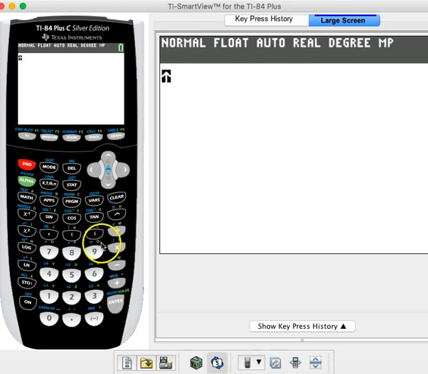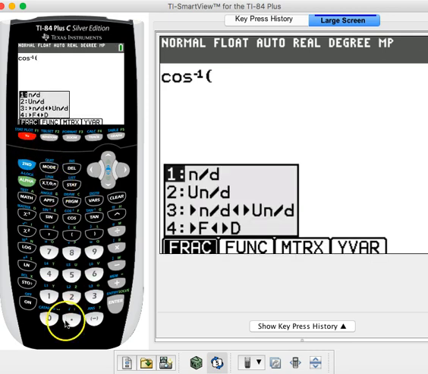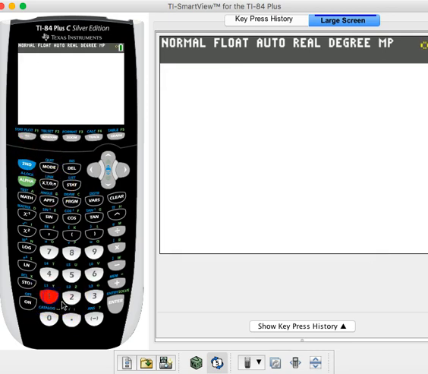So I'm just going to go straight to my calculator. I'm going to do inverse cosine, and then I'm going to use my fraction button. If you have an older version of the calculator where you don't get the fraction button, remember that you'll have to do parentheses within parentheses. Make sure you enclose the numerator and then enclose the denominator so that you keep them separate.